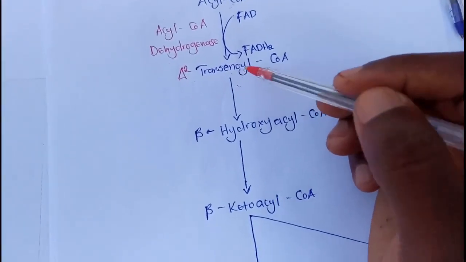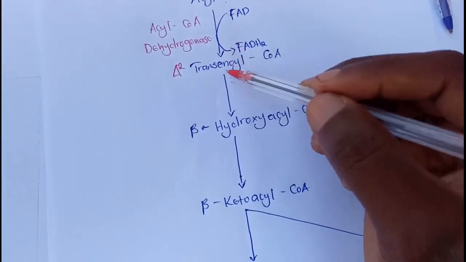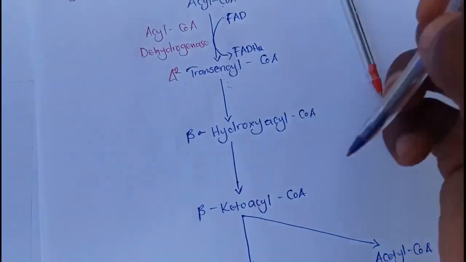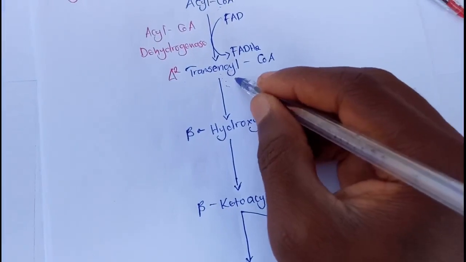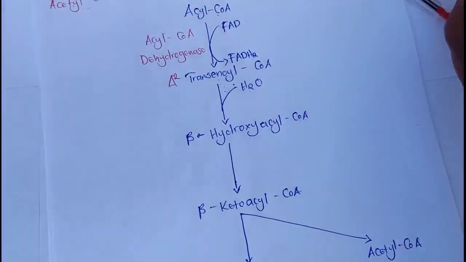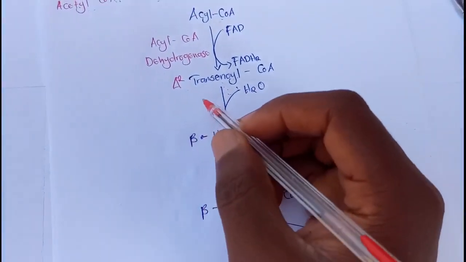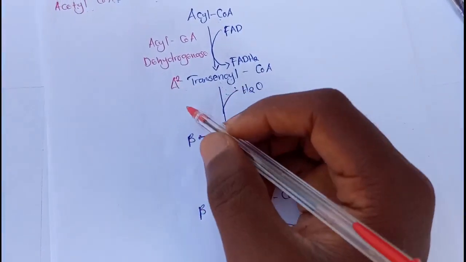In here, the next thing that we need to do is simply to add a water molecule to this trans-enoyl CoA. And what enzyme adds a water molecule? The enzyme that adds a water molecule is known as a hydratase, right?